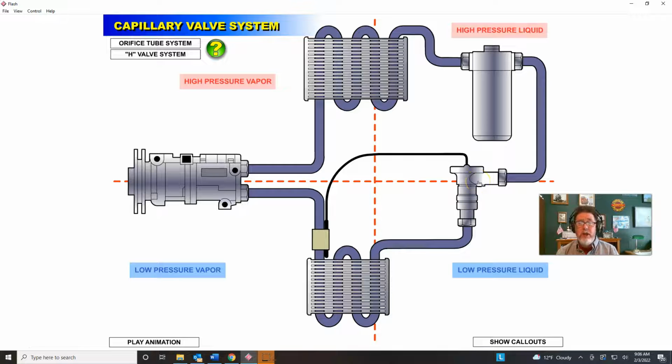So if you take a look at your AC system and your bulkhead, I'm looking for the liquid line. Normally the liquid line is the skinny metal line over on the passenger side, kind of by the fender.